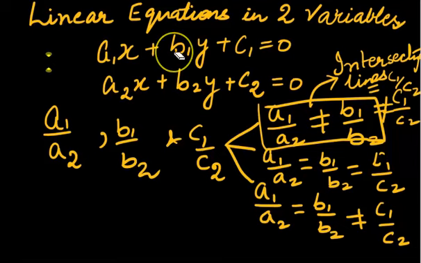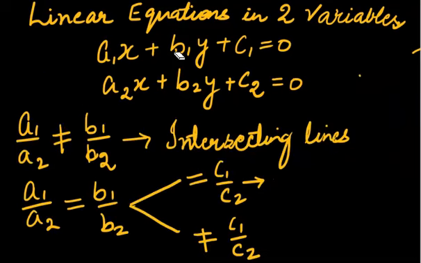Now, I'm just erasing this part so that it is clear to you. So, a1/a2 is not equal to b1/b2. When this is the case, we have already discussed that it is intersecting lines. When a1/a2 is equal to b1/b2, then we have two cases.